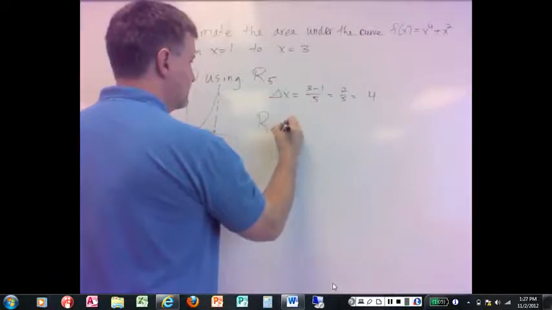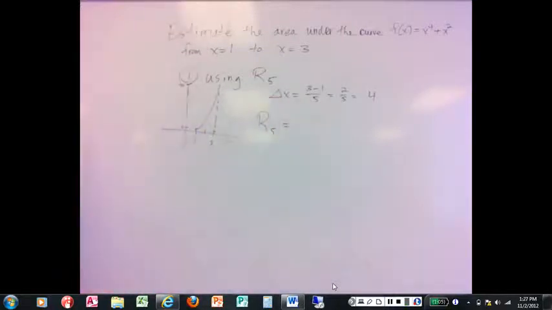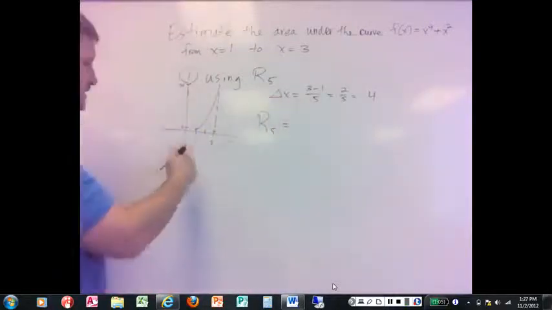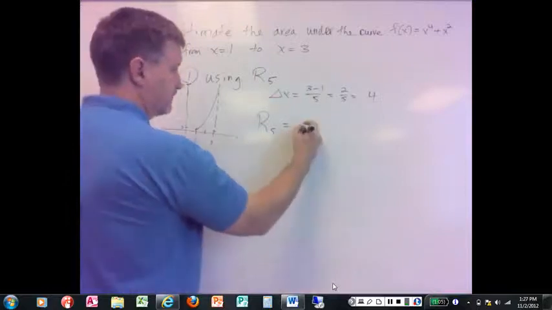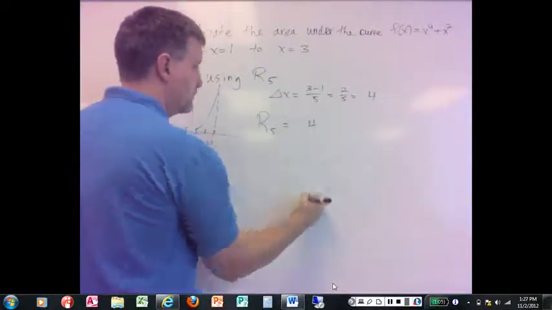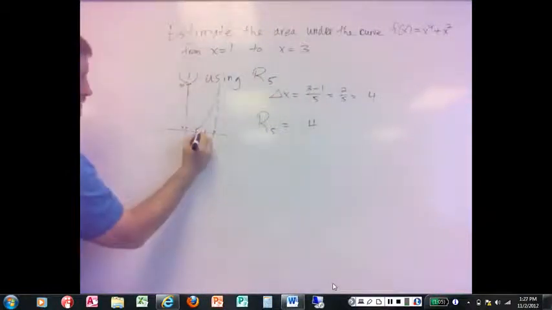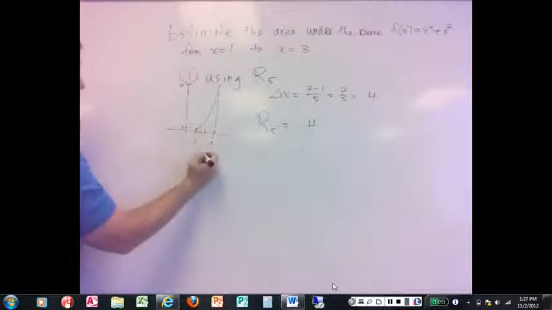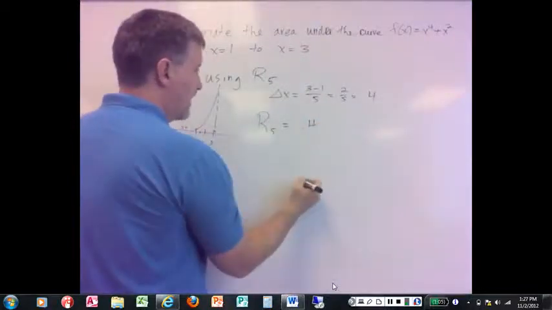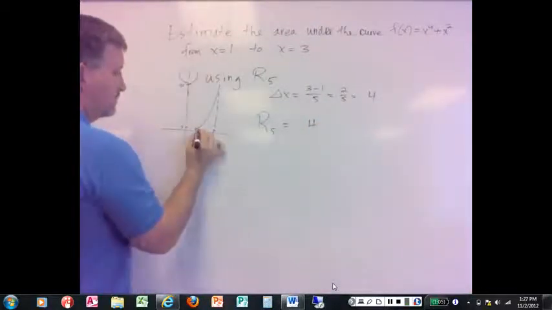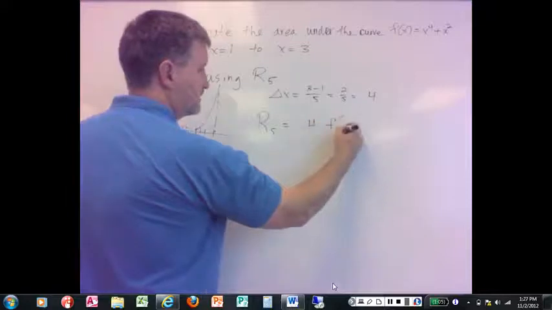If I'm using R5, then each one of these rectangles is going to be 0.4 wide. So the first one's at 0.4. What about the height of the first one? Well, the height is going to be whatever the function value. If I'm using function notation, couldn't I write it this way?